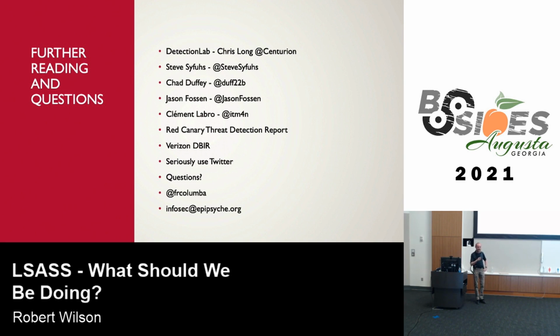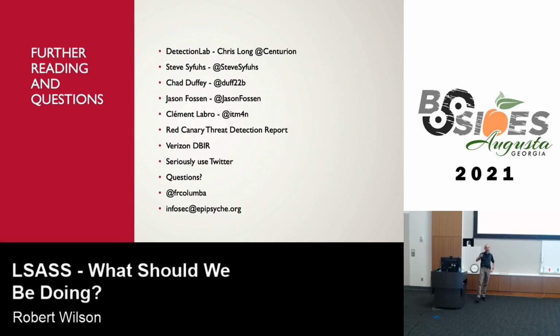Clément Labro has written the best thing I've ever seen about Protected Process Light, where he goes into how you can actually get around it in user mode without having admin rights. There's a bunch of cool stuff. The Red Canary threat detection report and the DBIR will show where this technique falls in the top 10.